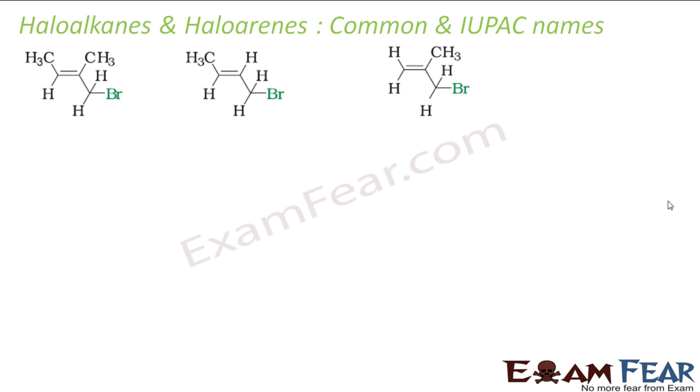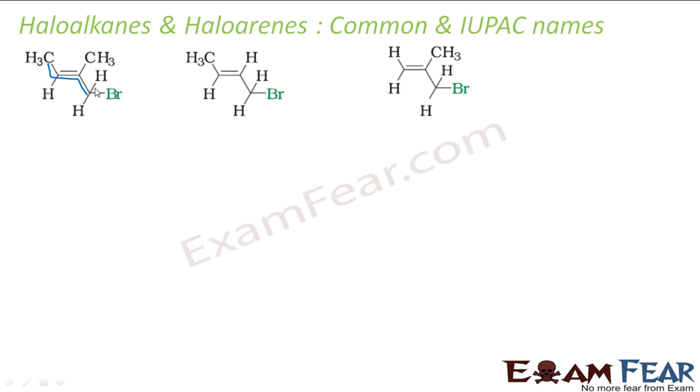Let's take some more examples. So let's find the longest chain which has the double bond in these compounds. This is my longest chain with 4 carbons. How can you number it? If you number in this fashion, 1, 2, the double bond gets the second position. If you number in this fashion, 1, 2, here also the double bond gets the second position.